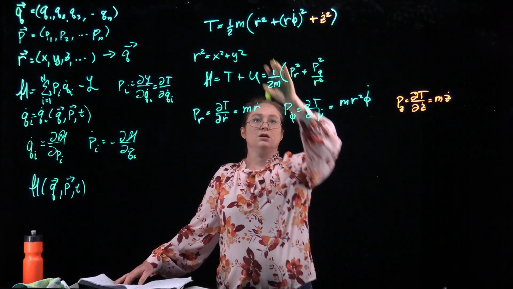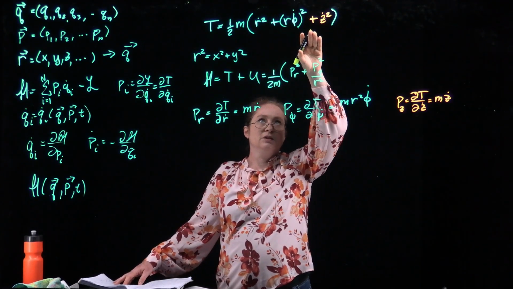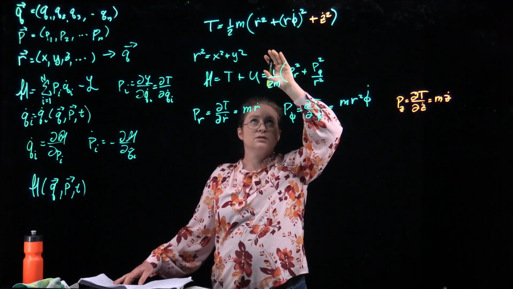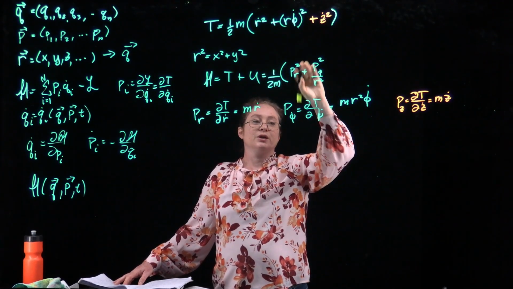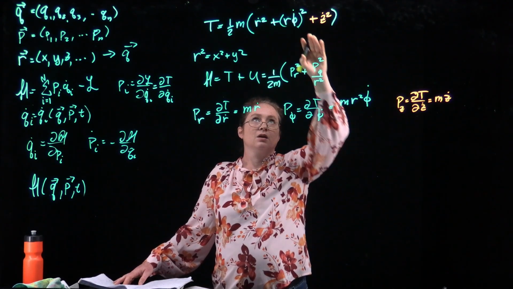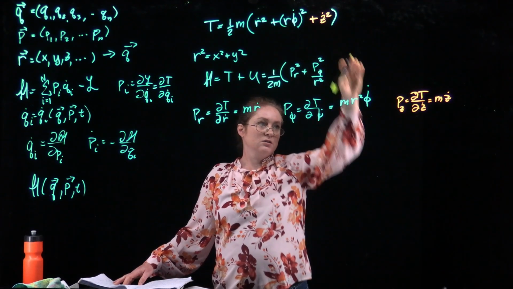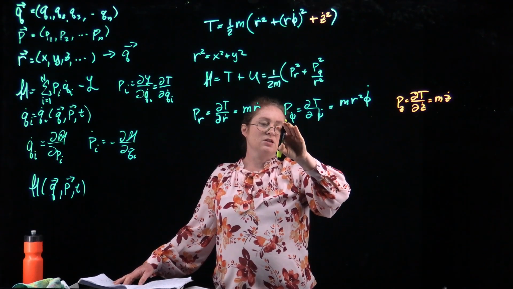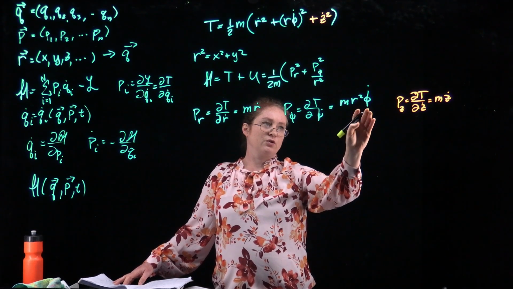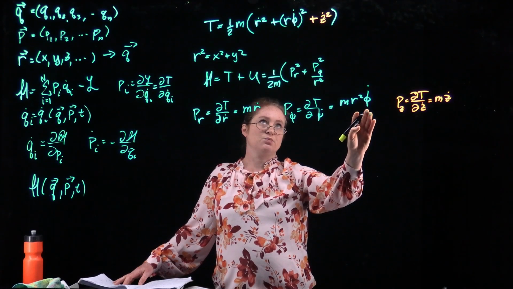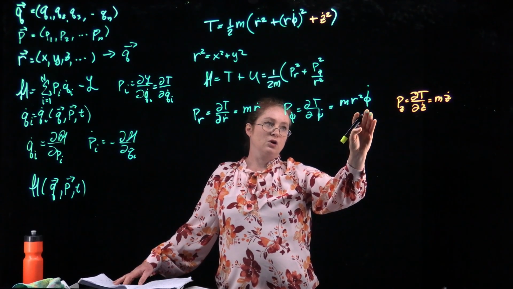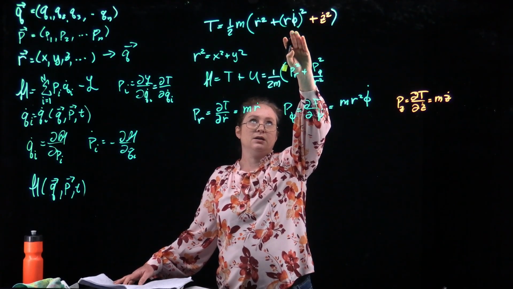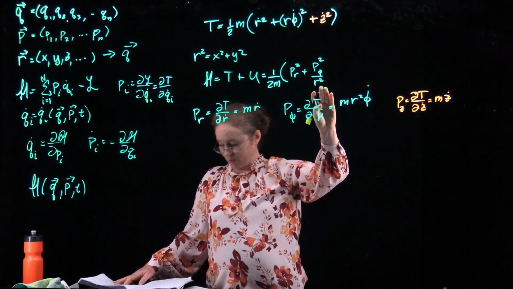So here, the algebra is a little stupid, but not too bad. You have r squared. You could do it a few different ways. You can solve for phi dot, and you get phi dot is p phi over r squared, and then you plug it in here, and you're left with an r squared.